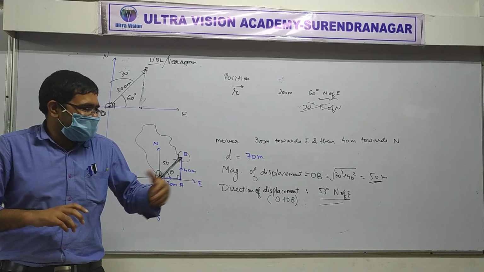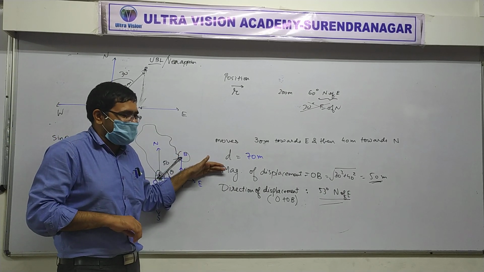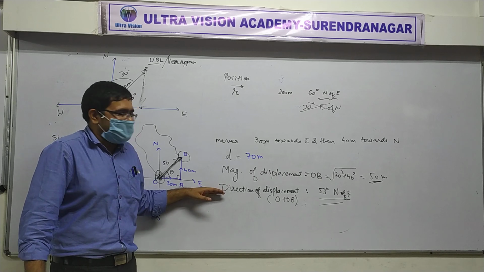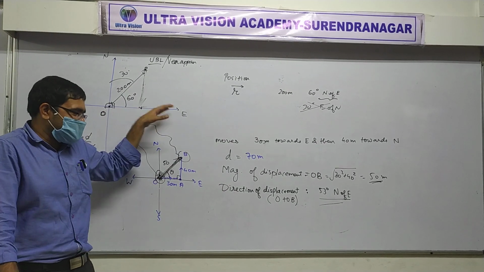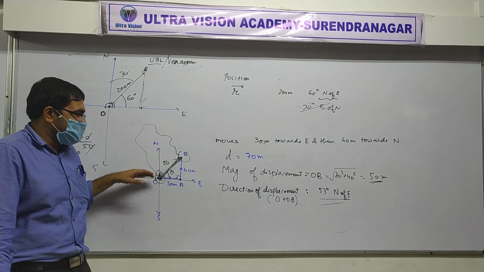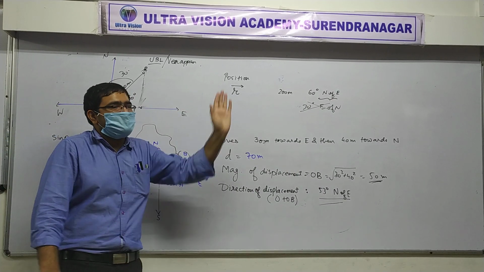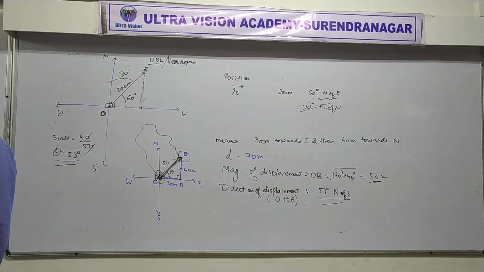A vector. So here we have found the magnitude of displacement, 50 meter, and we have also found the direction of displacement. That is, it shifts or displaces in which direction? 53 degrees north of east. Okay, now let's write a proper formula for displacement.